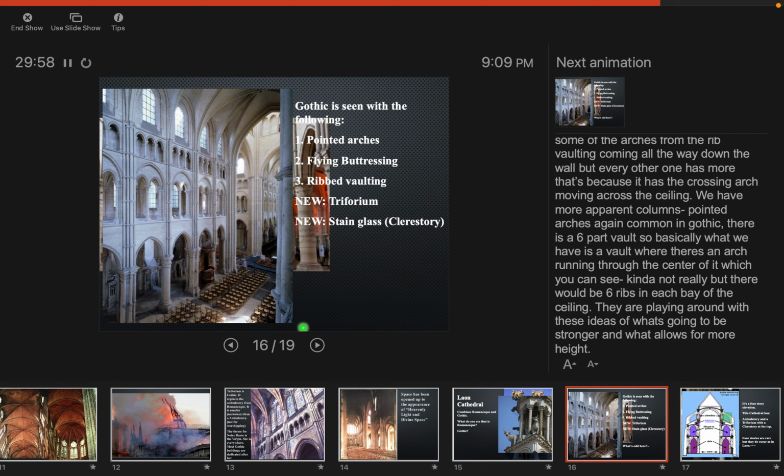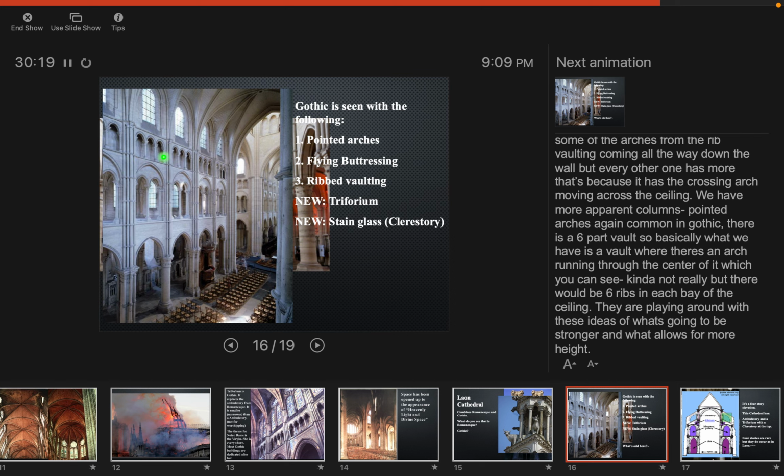Oh, check that out. So here we actually see, it's interesting, we do see 4 stories. So we have the main story, ambulatory, triforium, and clerestory. Sometimes these would be grouped together though, so don't quote me on this.